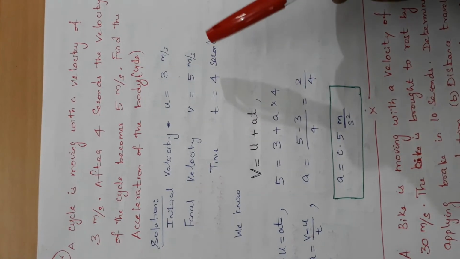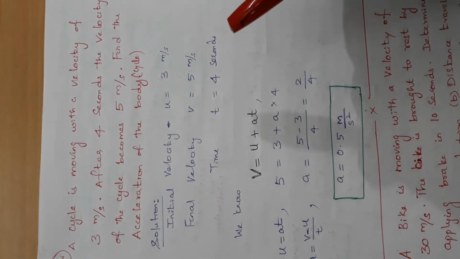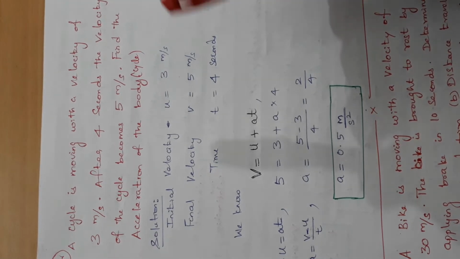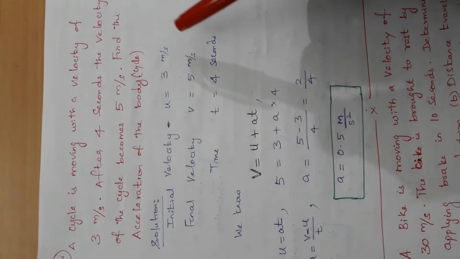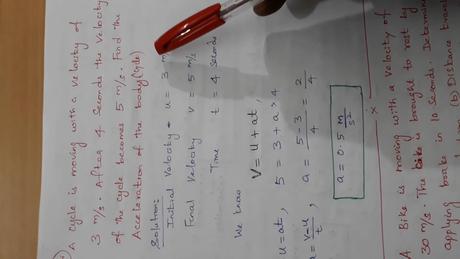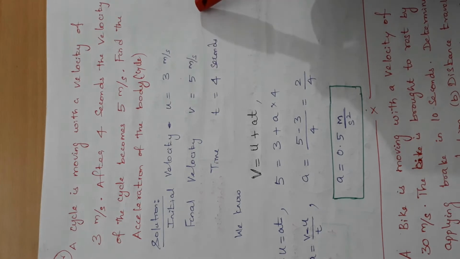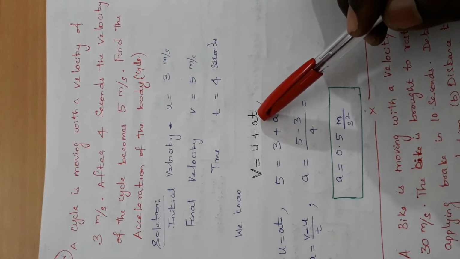Now if you observe, we have seen already 3 formulas, so you may be confused about which of the formulas to use. Here in this problem, v is given, u is given, t is given, and they have asked us to find only a.